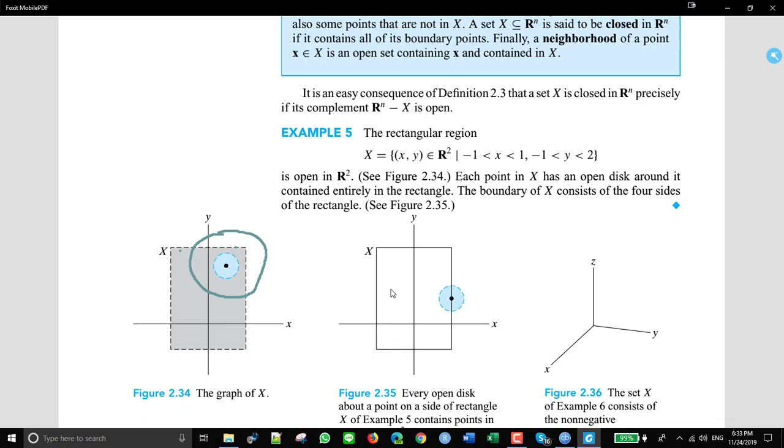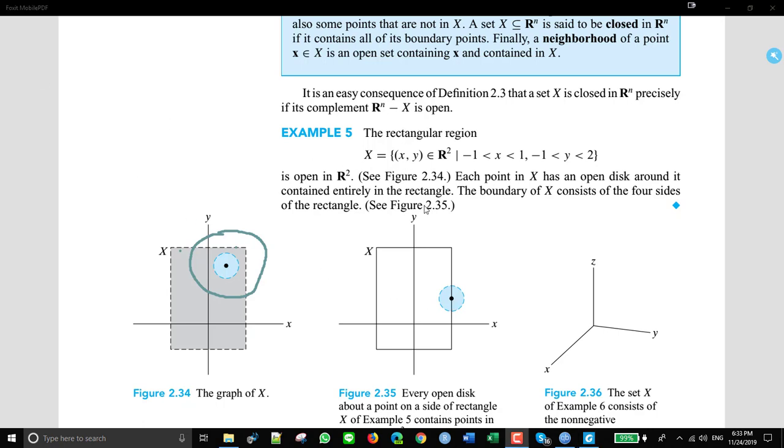But here the border is included in X. So is that going to be an open set or not? Take a point on the border, and can you draw a ball around it that's entirely contained in X? Well, no, you can't. If you take this point, then no matter what circle I draw around it, some of the points are not going to be in X.